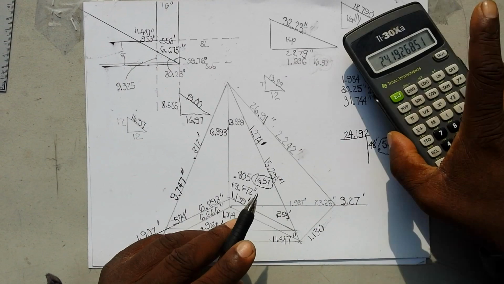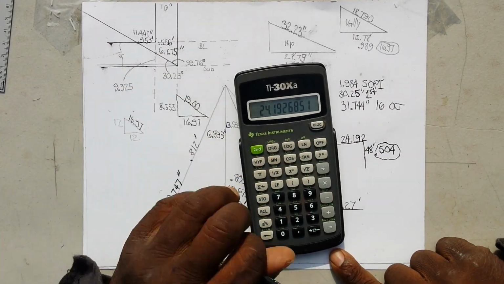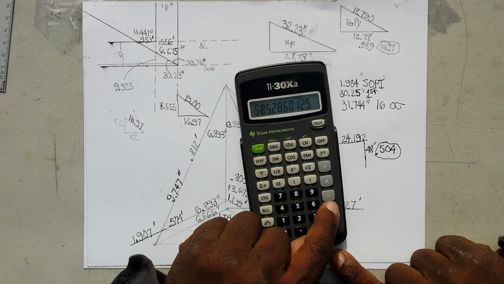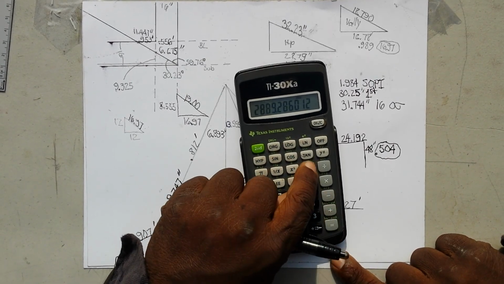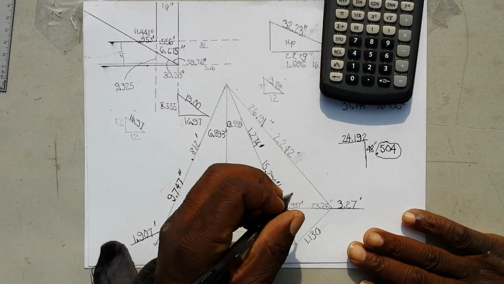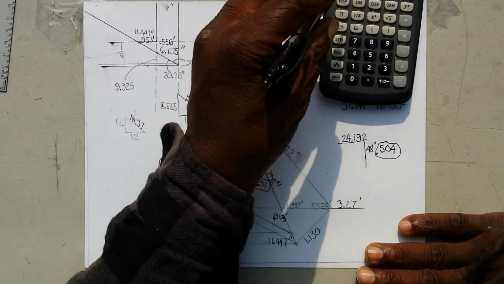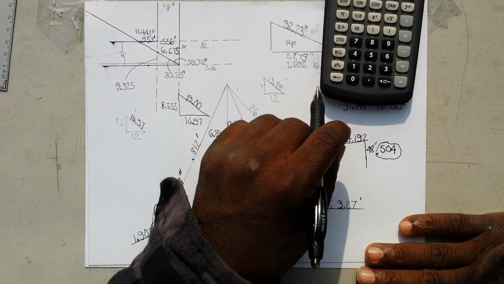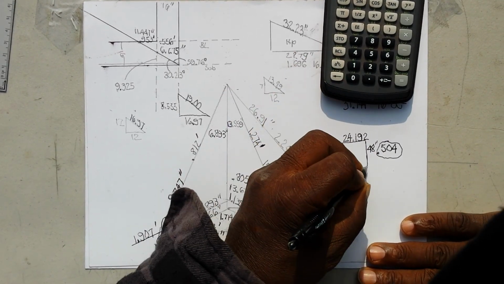What we do is the Pythagorean theorem now. So we square this number, squared plus 48 squared equals, and then square root. And now we know that the length of the angle on the plywood is 53.75.